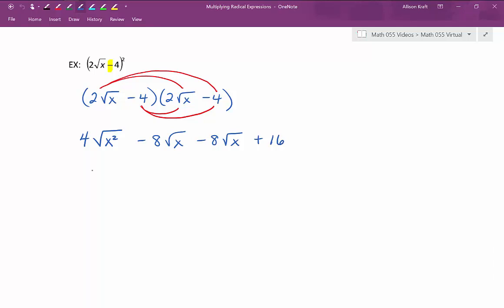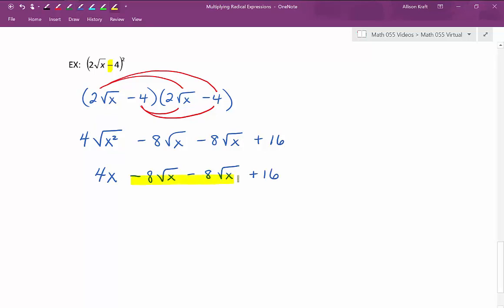We have the square root of x squared. That simplifies to just x. Can we simplify the square root of x? No, we cannot because the index is greater than the exponent. We want to look for like terms to combine.